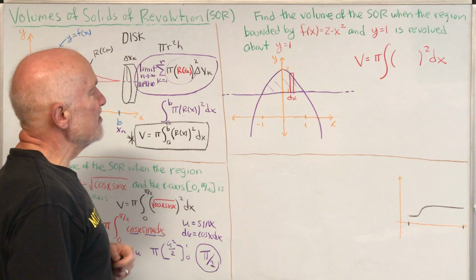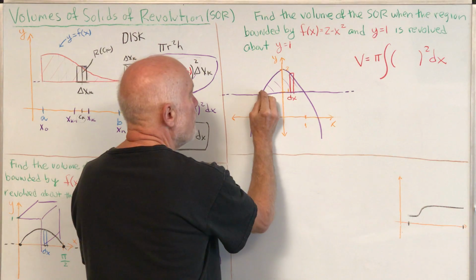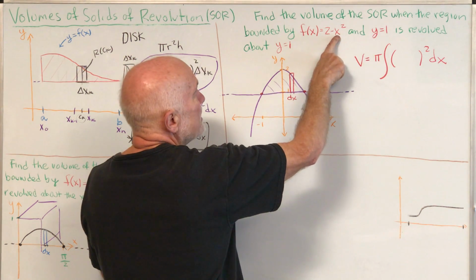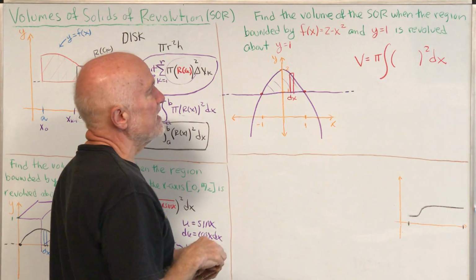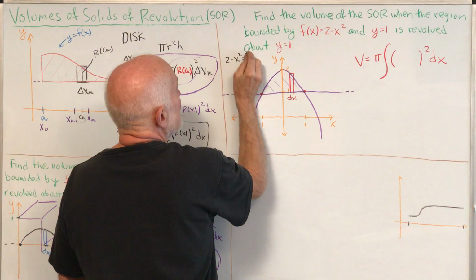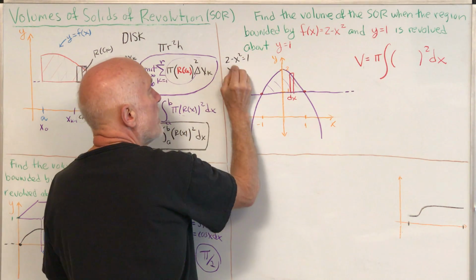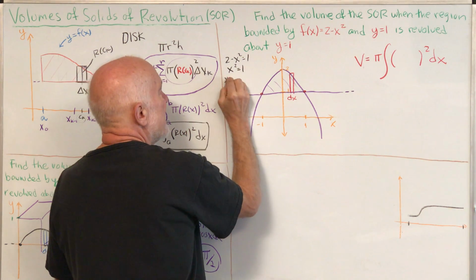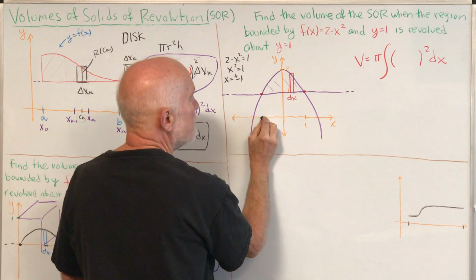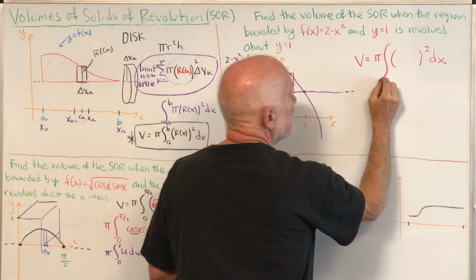So we still need to get the limits. We have to go from this x value to this x value, so we do have to find out where the parabola intersects this horizontal line. So we set 2 minus x squared equal to 1. We get x equals plus or minus 1. So nicely it goes from negative 1 to positive 1.